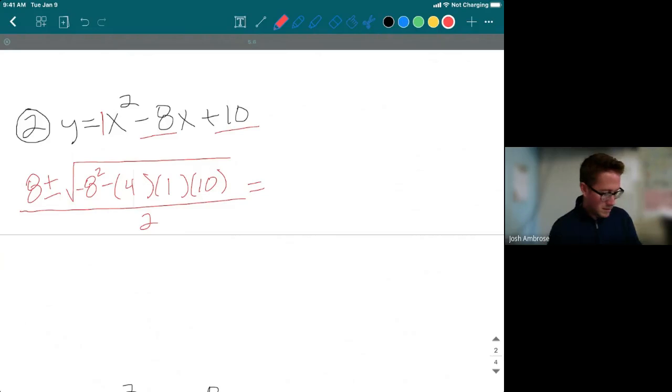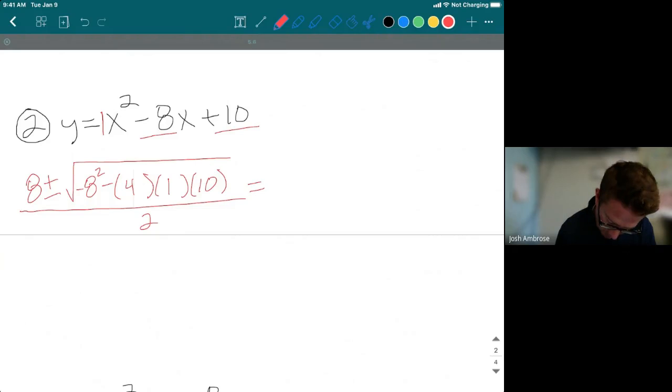All right, let's plug this into the calculator. So we are going to have 8 squared minus 4 times 1 times 10, and I'm getting a positive 24 out of that.